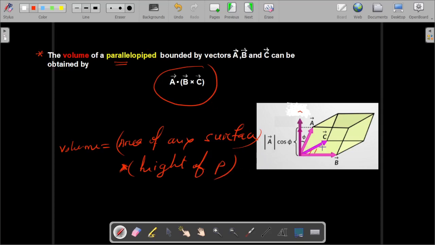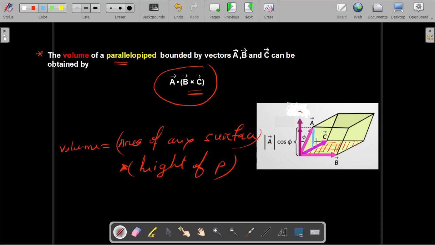Suppose I have taken B and C. The cross product will give us the area of this surface. The height from that surface, how much will it be? This will be the height.